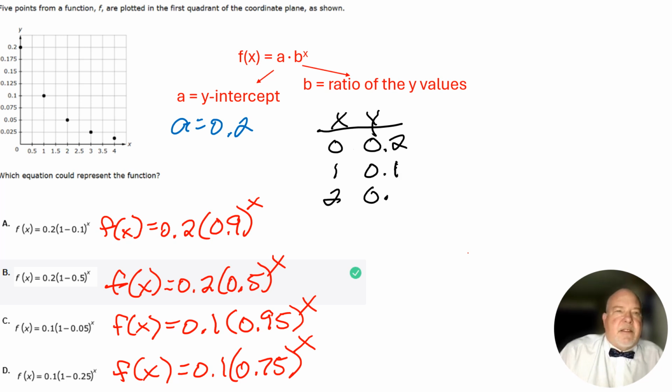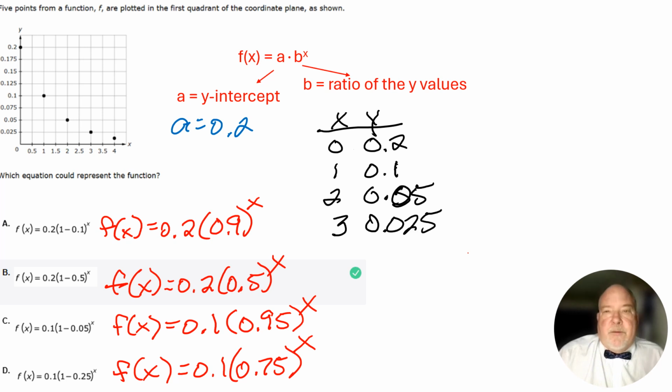Yes, I make mistakes. And then the 2 is 0.05. And then the 3 is, and really I don't need all of these points. I just need a couple of them just to figure out what that ratio is. And so this is 0.025. My handwriting is getting worse.